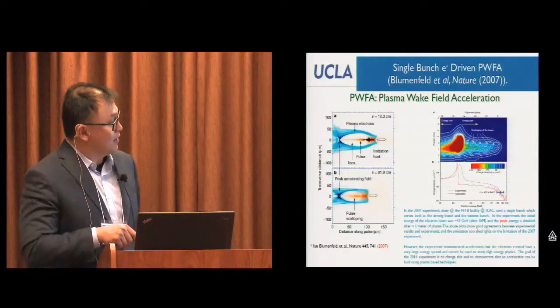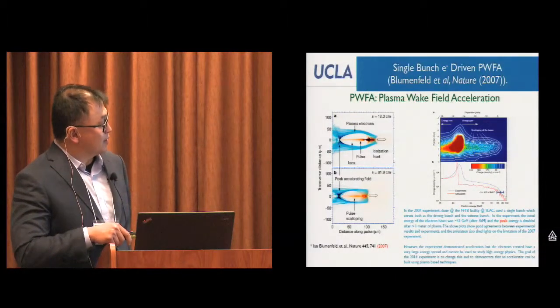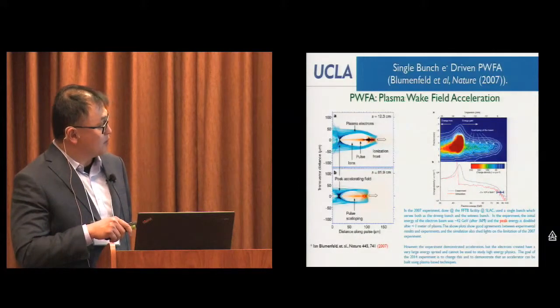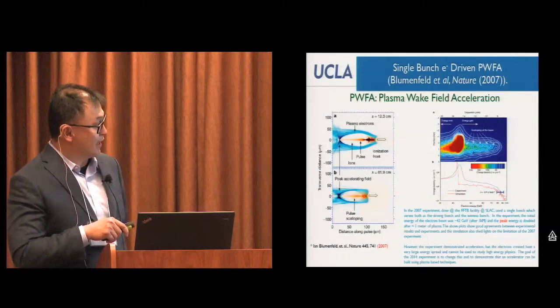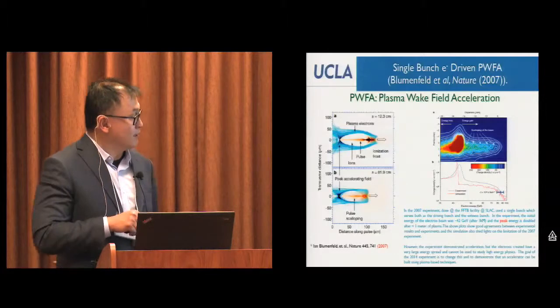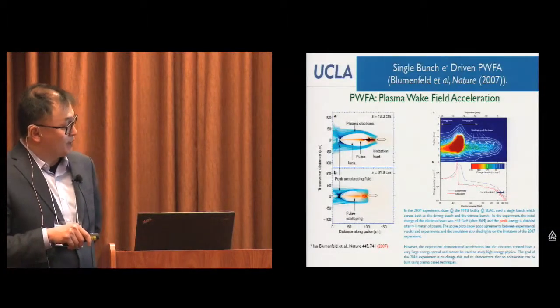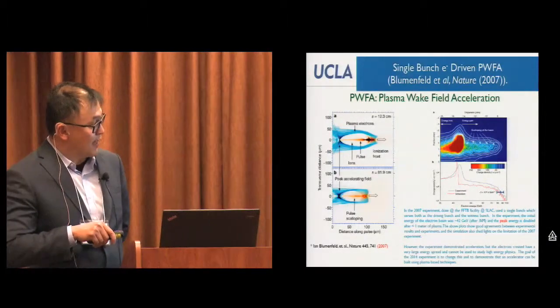As you can see in this experiment, part of the FFTB beam loses energy and part of it gains energy. And after 1 meter of plasma, we achieved an energy doubling.